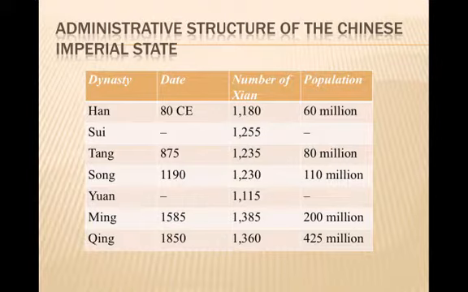These numbers are, by the way, tentative because there weren't any official formal censuses done at the imperial level under the Chinese imperial state. The numbers are all extrapolated from local tax rolls and things like that. China wouldn't have its first modern census until 1980.